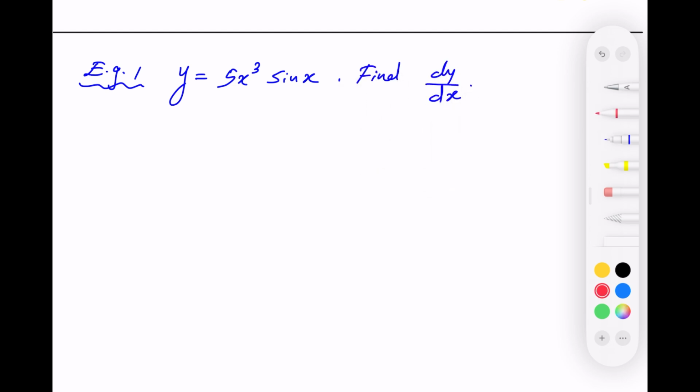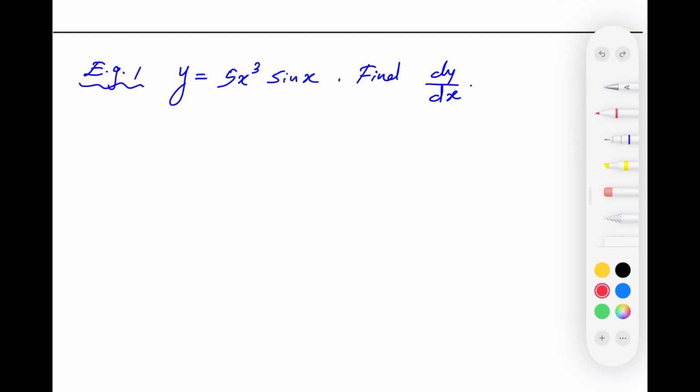Here's your first example. You are given y equals 5x cubed sine x. Find dy by dx. To differentiate this function, there is a 5 right here which can be factored out using the second property of differentiation.